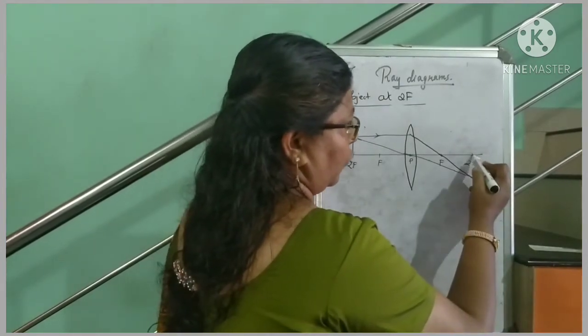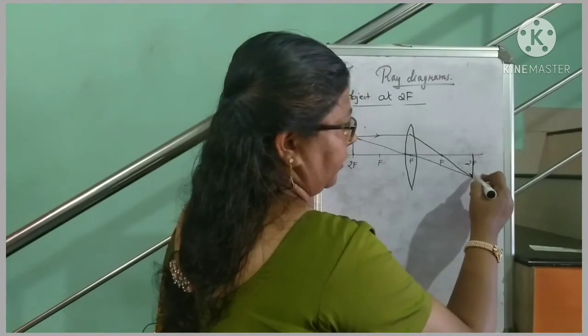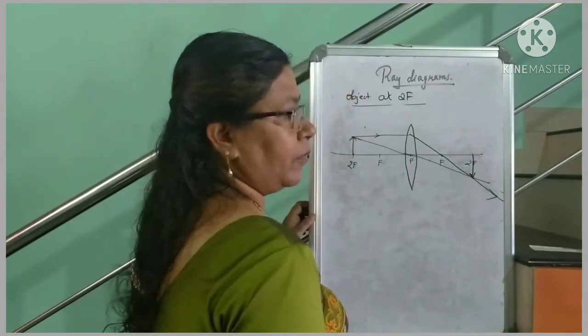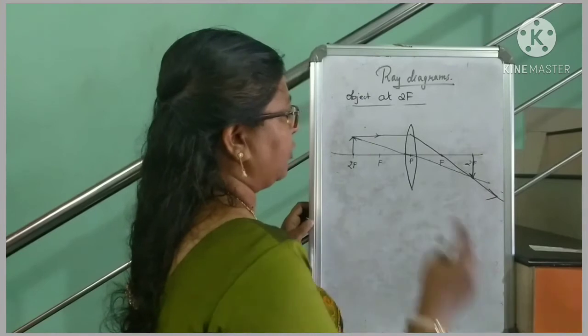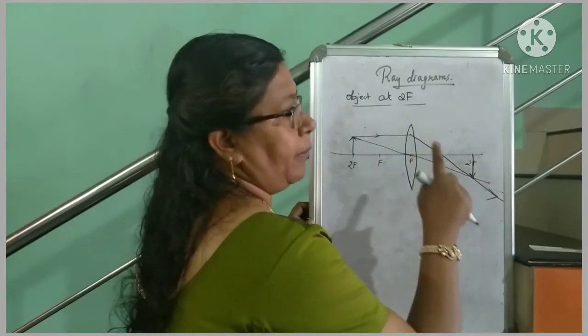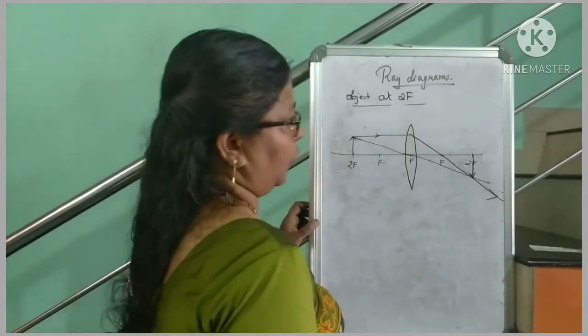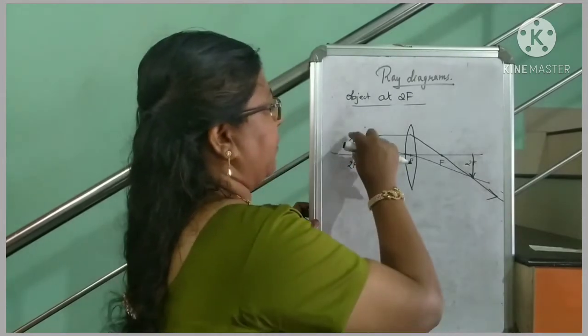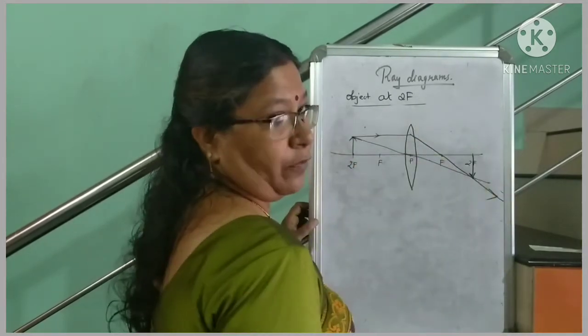So where do these two rays meet? These two rays meet here. Understood? When an object is kept at 2F, the image is also obtained at 2F. How is the image? The image has the same size as the object.